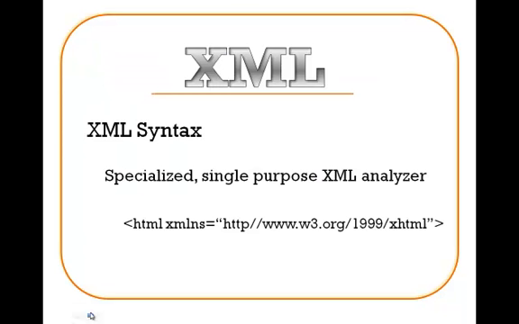XML is the largest family of browser-supported non-HTML document types, which rely on the common XML syntax. Based on the received content type value, several formats that belong to this category are forwarded to a specialized single-purpose XML analyzer. But more often than not, the payload is routed to the same parser used to render XHTML documents.